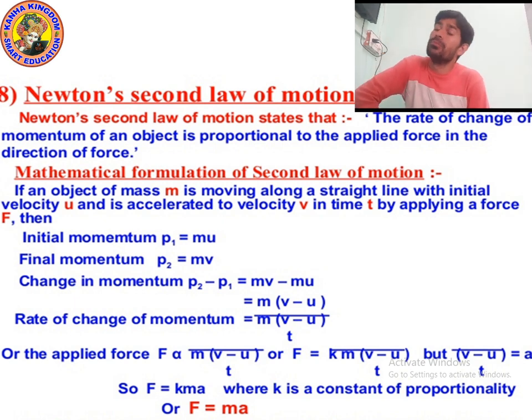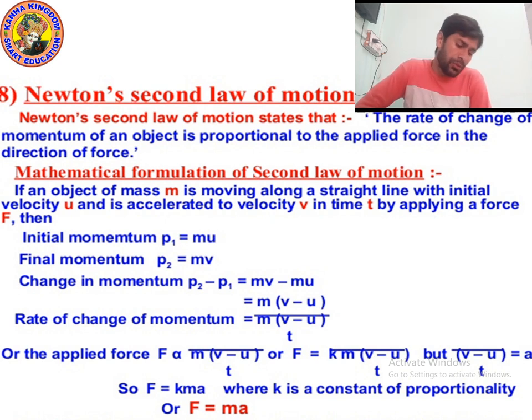Suppose the object is moving with u velocity. The u is the initial velocity of the object. When the force is applied, its velocity increases, and due to acceleration the velocity becomes v in t time by applying a force f.